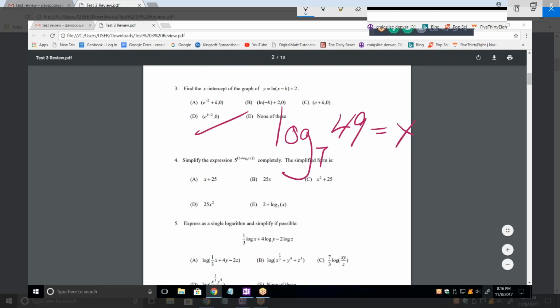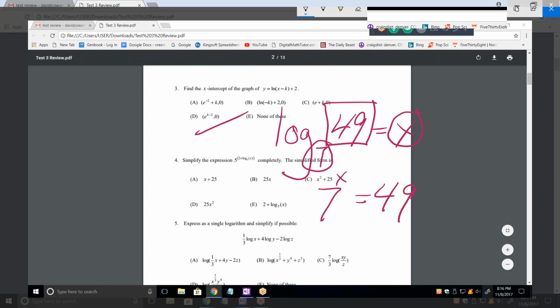Here's the way I remember it. This works well for me. Take the number on the far left to the exponent of whatever's on the far right. Remember, logs are exponents, and it's equal to what's in the middle. So 7 to the x equals 49.